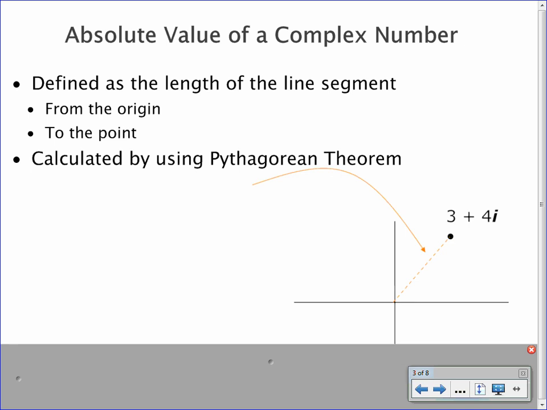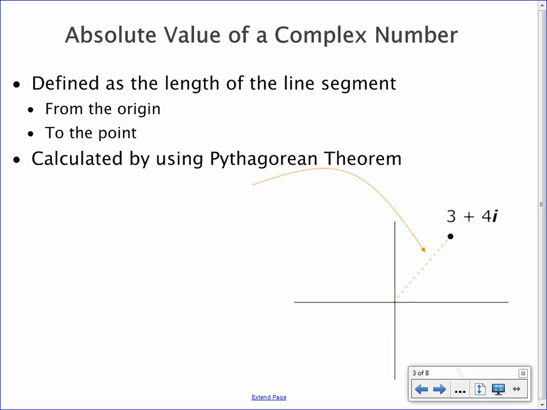So we can think of this as the Pythagorean theorem. The absolute value, distance from the origin, is this dotted segment right here.